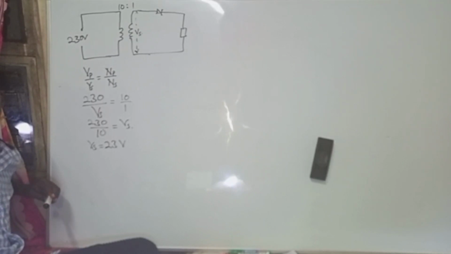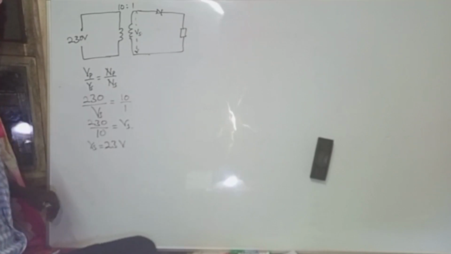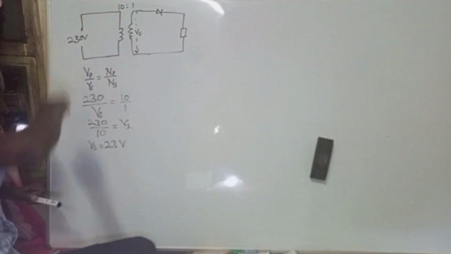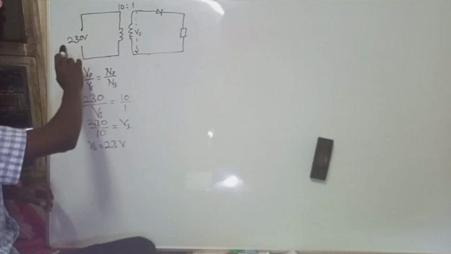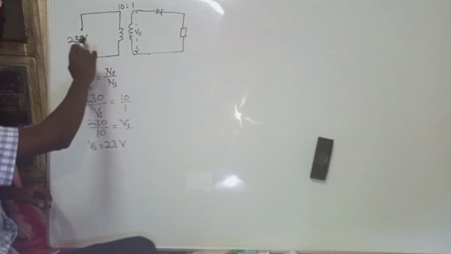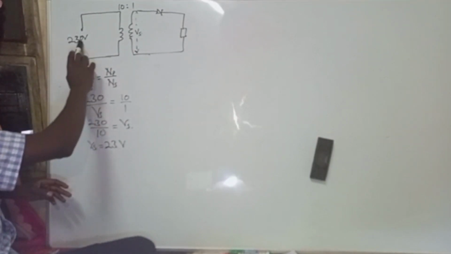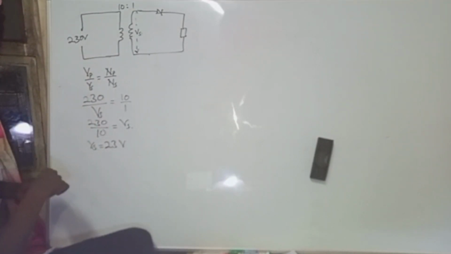And what we are interested in is the peak value. Now here is why it becomes so interesting again. Last time we were looking at an RMS value connected directly to a load. Now here, in the primary they had given us this 230 volts as an RMS value.